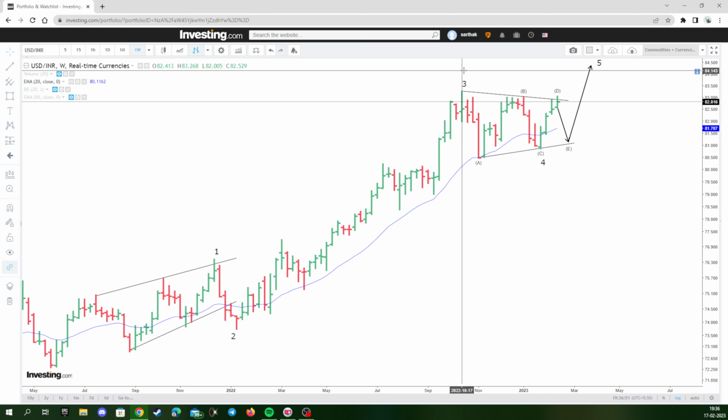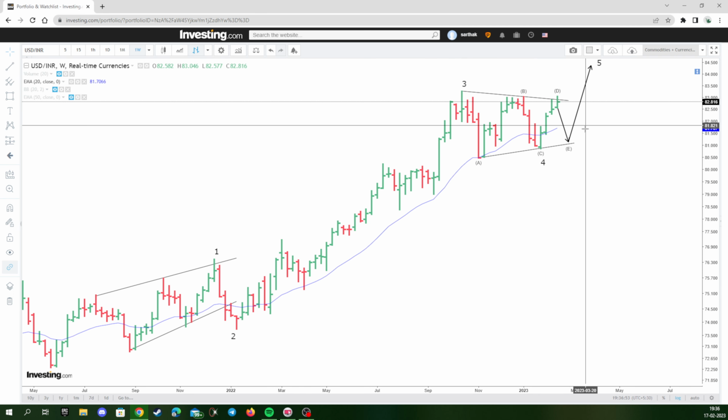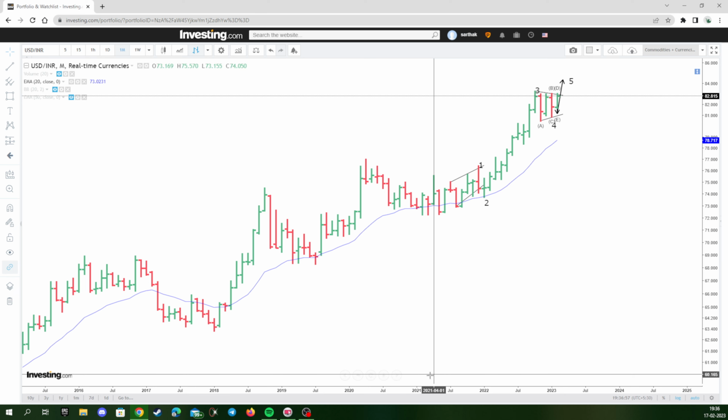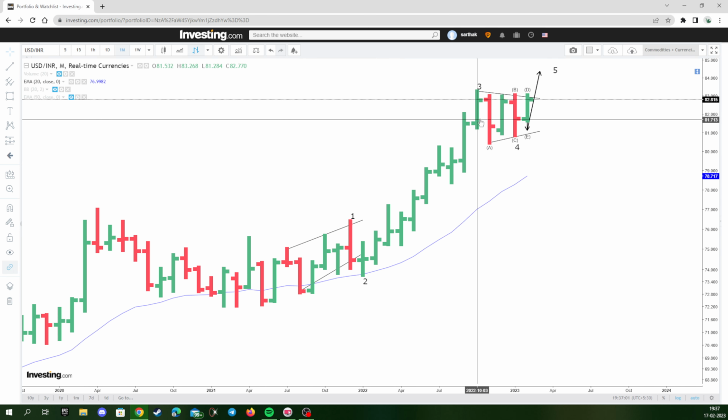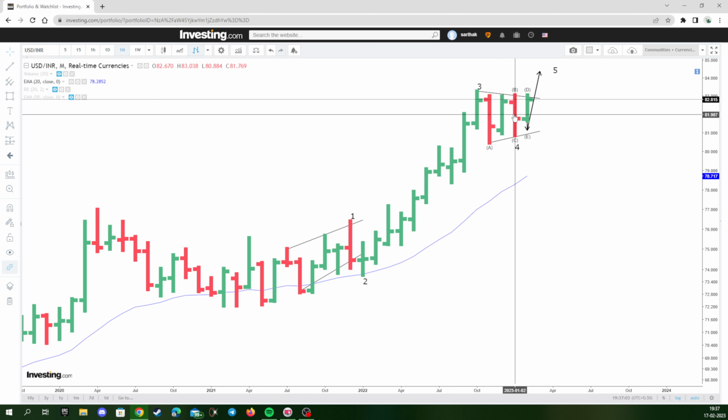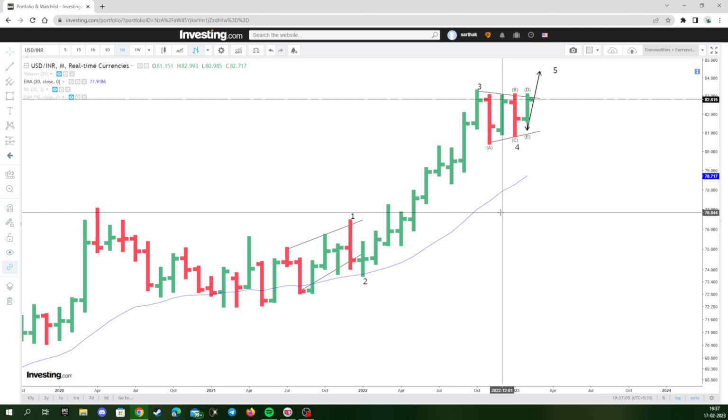And if I take you to the monthly chart, it looks very interesting to me, wherein the currency has been in this range for at least 1, 2, 3, 4 months. So now when you have 4 months of sideways consolidation, whenever you expect a move to cross on either side, you would at least expect a move to last for at least 3 to 4 months, the same range of the consolidation area.